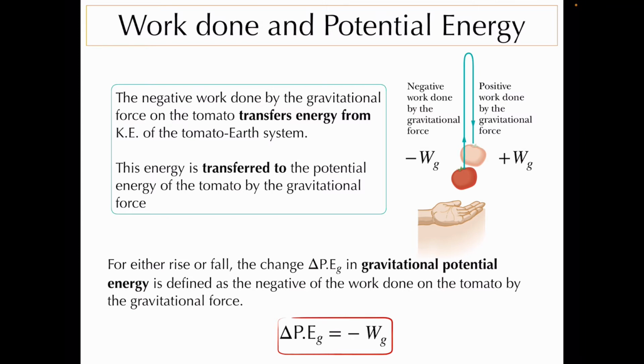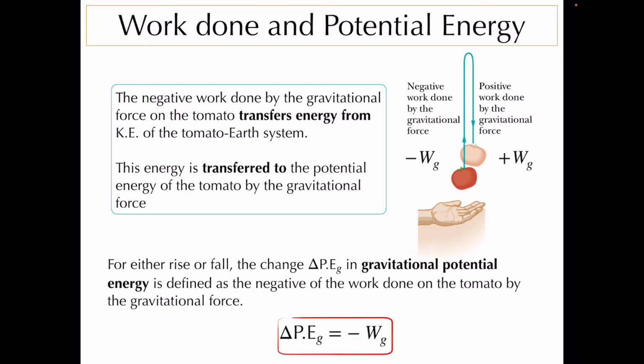Listen again. When the tomato is going upward, the work done is negative but the potential energy is increasing, meaning that the change in potential energy is positive. But when the tomato falls down, the work done is positive but potential energy is decreasing, meaning that the change in potential energy is negative.